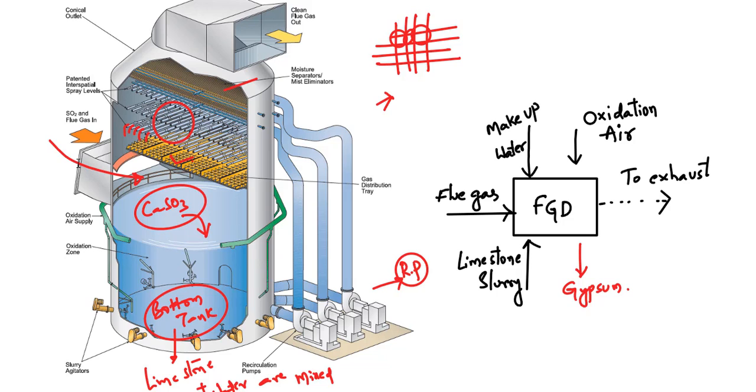For this unit, we will be supplying oxidized air through the nozzles located here. As a result, this calcium sulfite reacts with the oxygen to form gypsum, CaSO4.